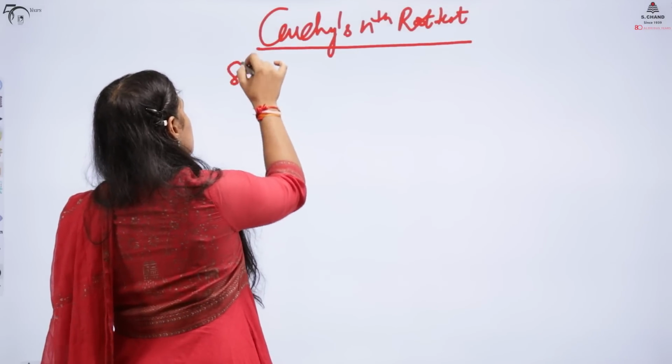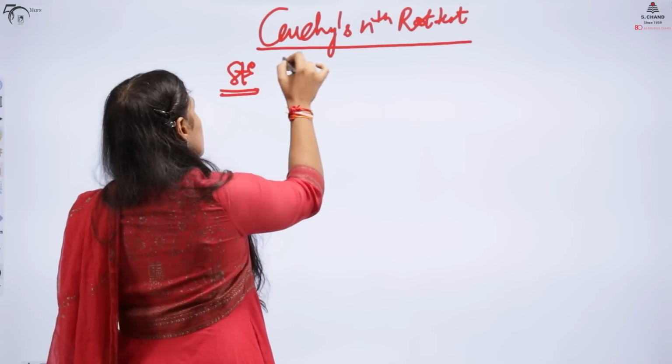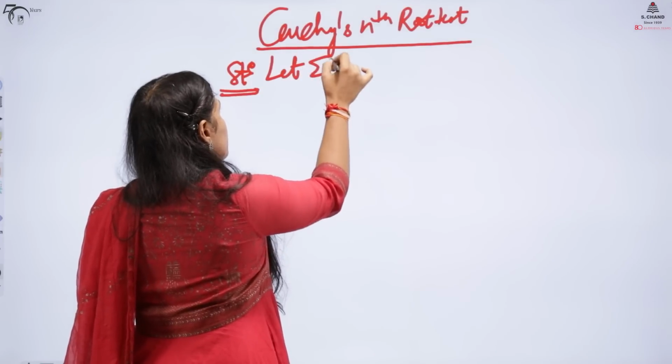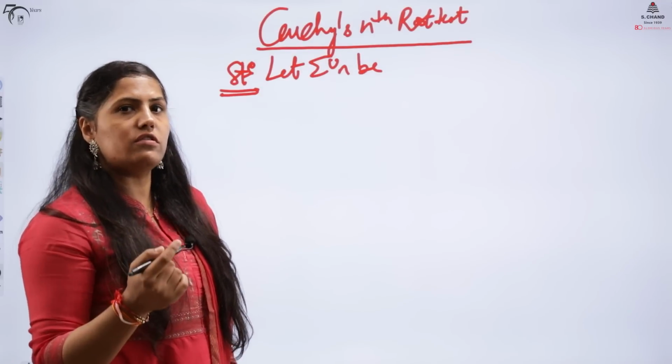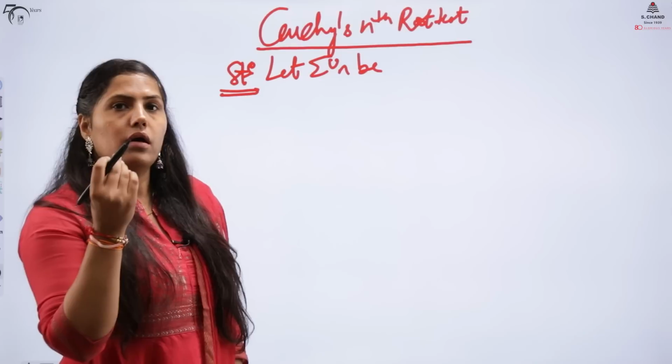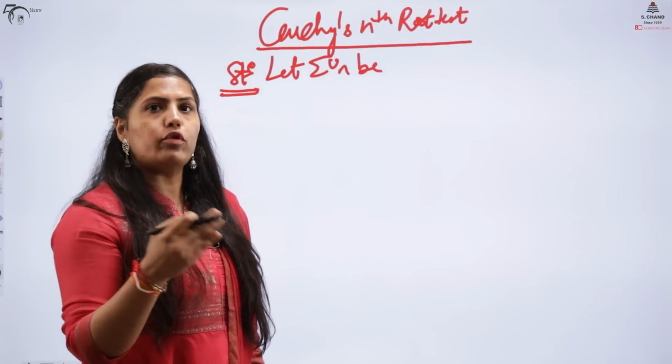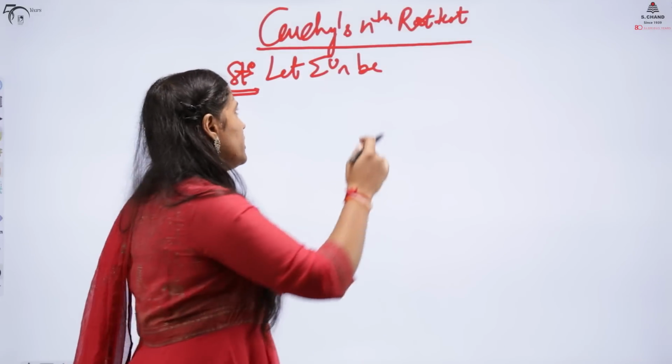So the statement is: let summation un be a positive term series. When I change the series, it means the tests are going only for positive term series, each and every test till now.